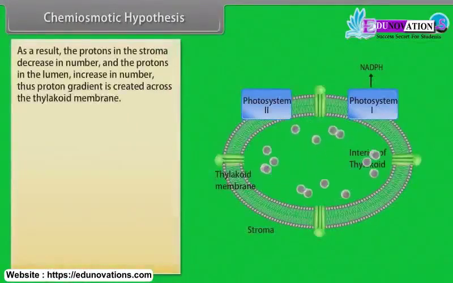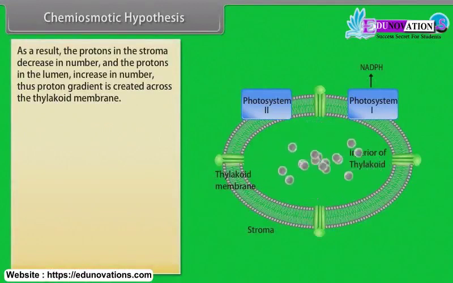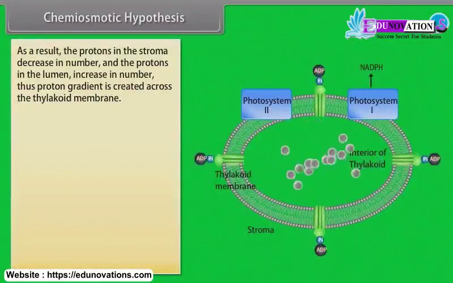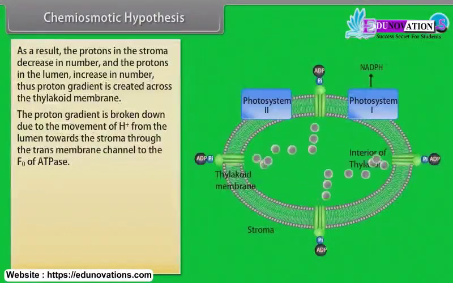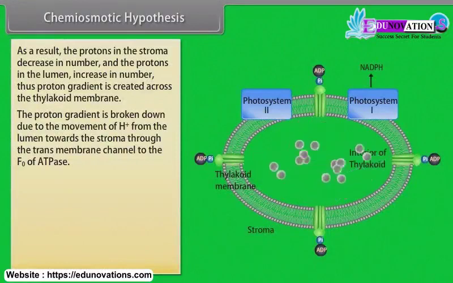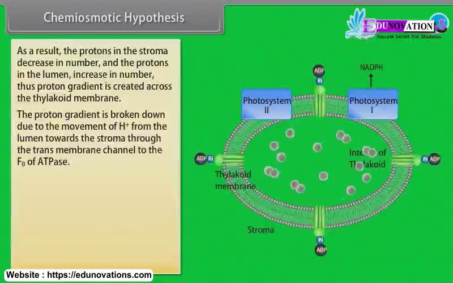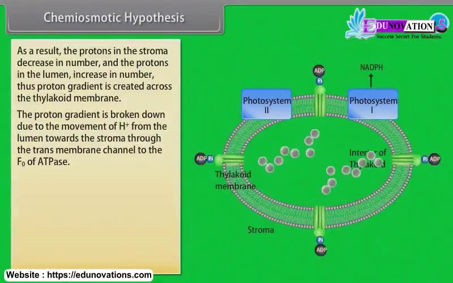As a result, the protons in the stroma decrease in number and the protons in the lumen increase in number. Thus, a proton gradient is created across the thylakoid membrane. The proton gradient is broken down due to the movement of H+ from the lumen towards the stroma through the transmembrane channel to F0 of ATPase.